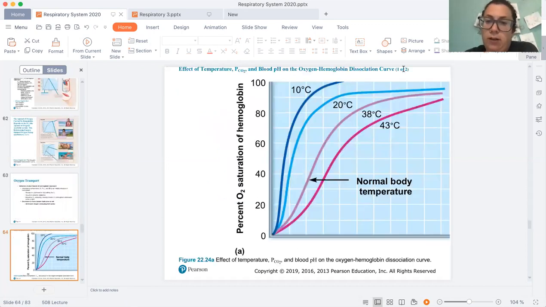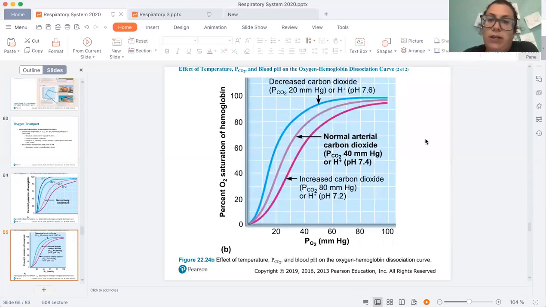You can see here, normal body temperature is 37 degrees Celsius, 98.6. But when we have a fever, it shifts to the right, and it causes oxygen to be more likely to dissociate from the hemoglobin, because your body needs that oxygen to do all sorts of things, like helping with increased heart rate and increased respiratory rate. Then we look at the partial pressure of carbon dioxide.